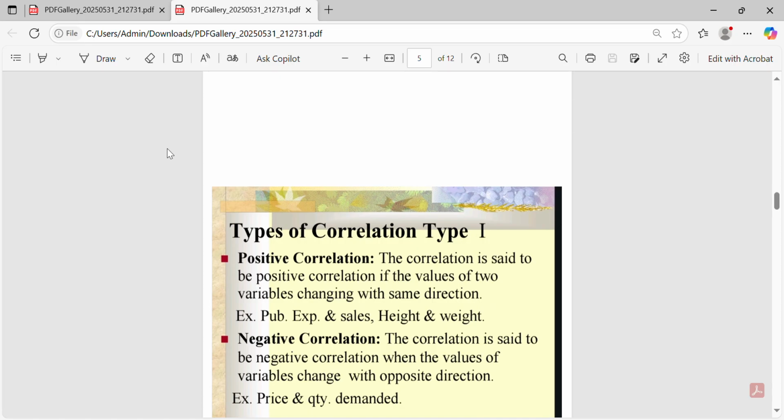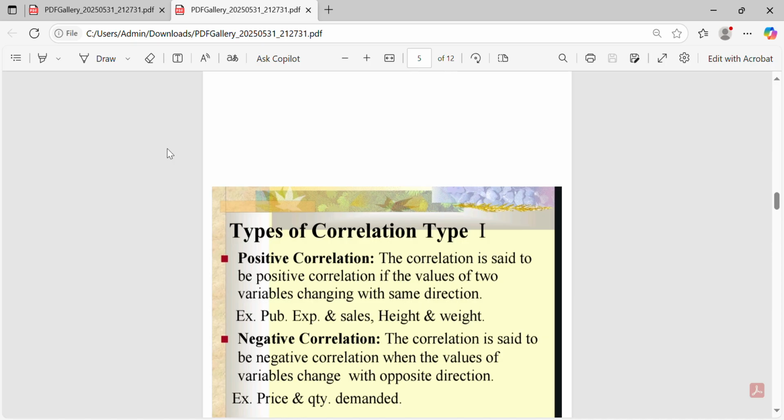In correlation there are two types. The first one is positive correlation. The correlation is said to be positive if the values of two variables change in the same direction. That means if an increase or decrease in one variable results in a corresponding increase or decrease in the second variable, it is called positive correlation. If we consider x and y as two variables, and x increases, then y will also increase. That is a positive correlation.